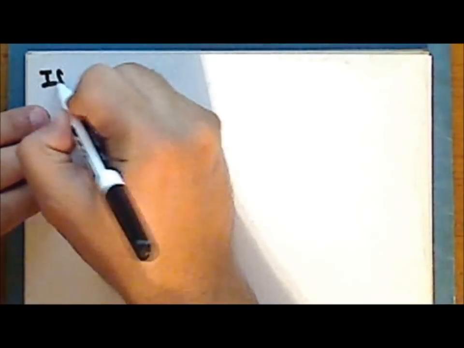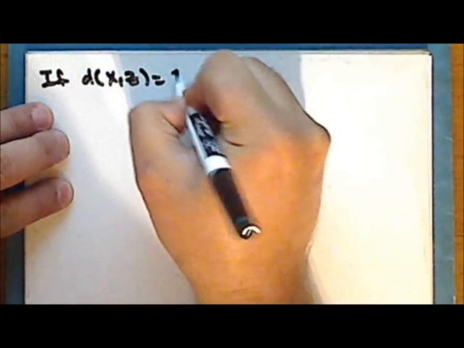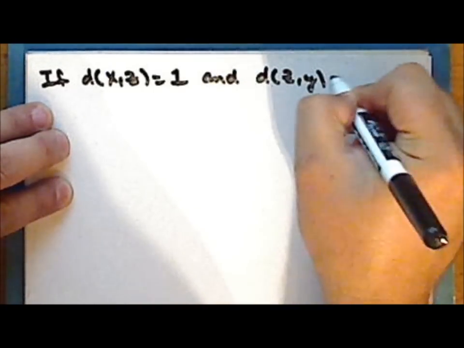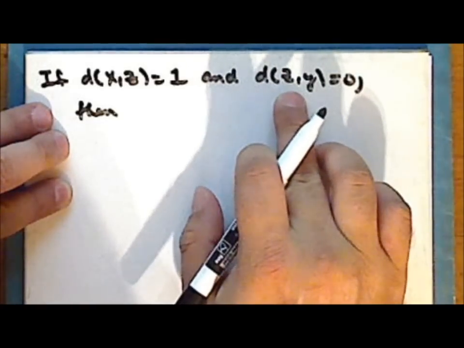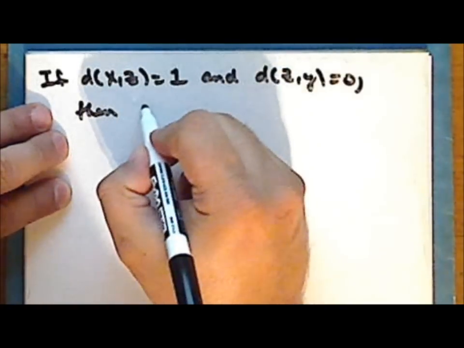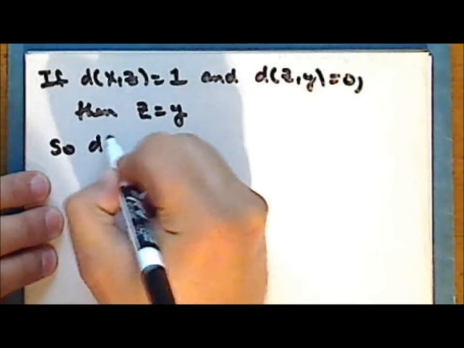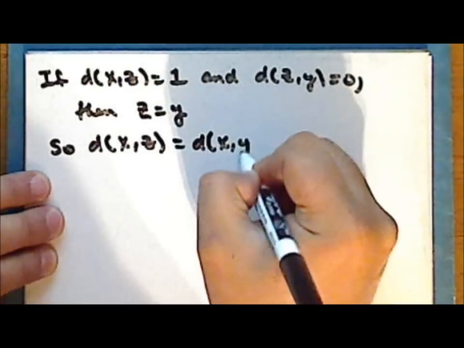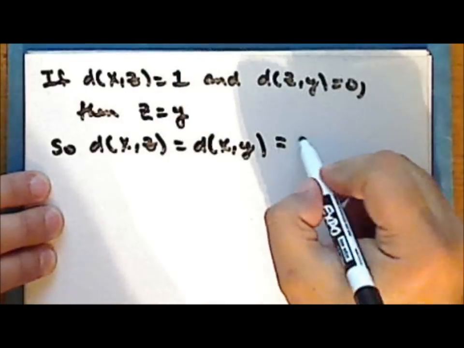The next case: if the distance from x to z is 1 and the distance from z to y is 0, then as the distance from z to y is 0, this means that z is equal to y. And so the distance from x to z is the same as the distance from x to y, again because z is y, and we know this to be 1.